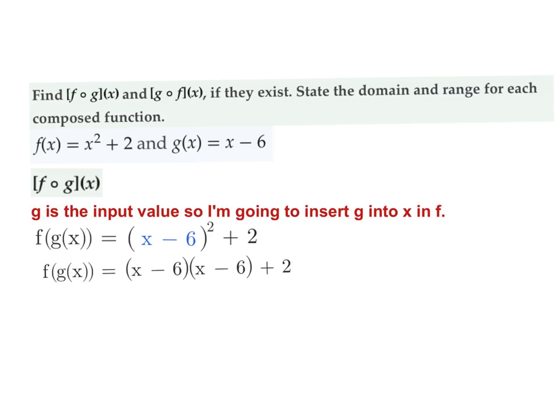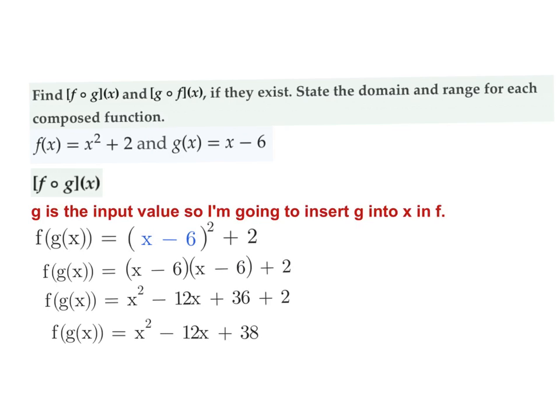Okay, so here's what you should have done. Follow that out, you get x squared minus 12x plus 36, and then plus the 2. So then the 36 and 2 is 38. So that's f of g of x. All I did is I looked at f, and what g was got substituted in everywhere there was an x.